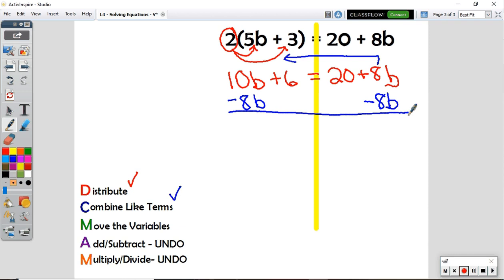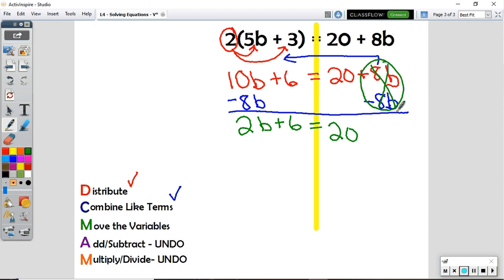And that's going to leave me with 10b minus 8b, which is 2b, plus 6. And on the right side, I have 20. And then this 8b and this minus 8b would equal 0.